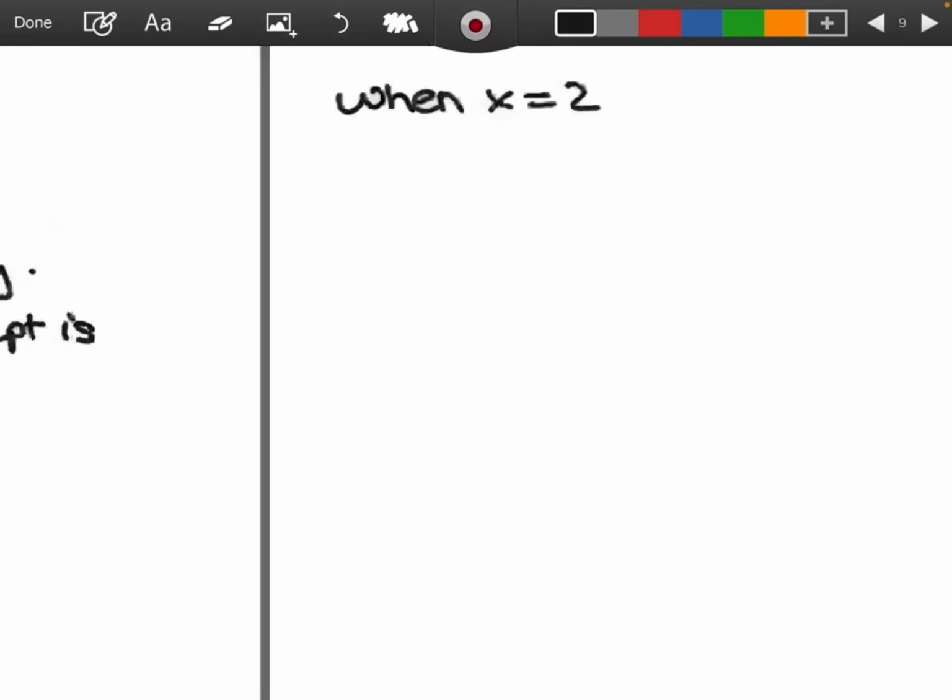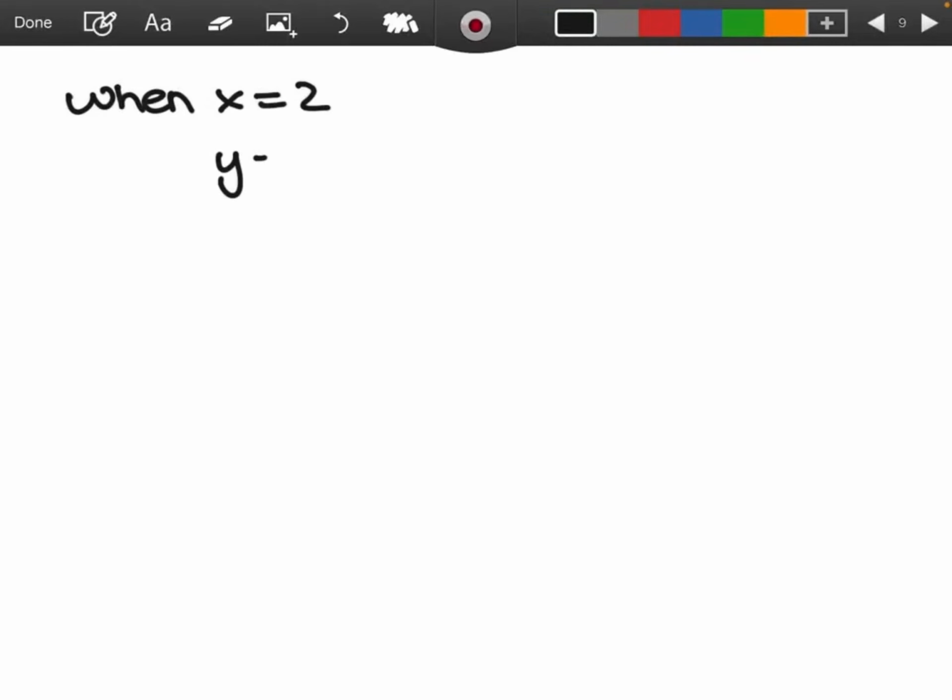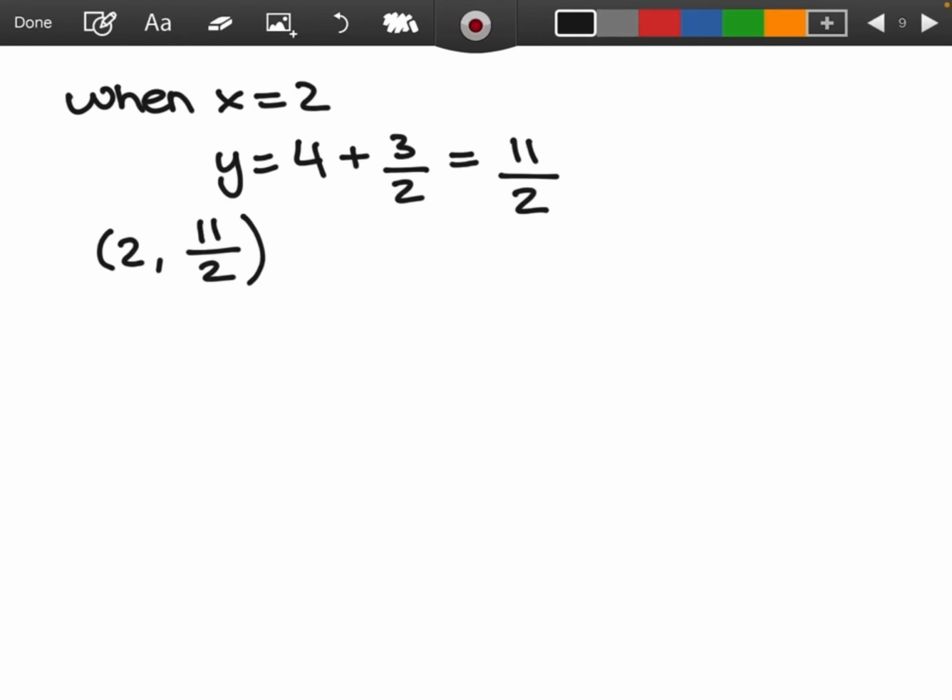I'm going to move up by m units. So y would equal 4 plus my value for m, which, if you figure that out, is 11 over 2. So my next coordinate would be (2, 11/2).